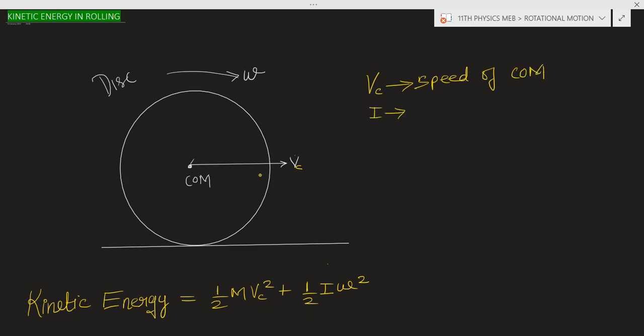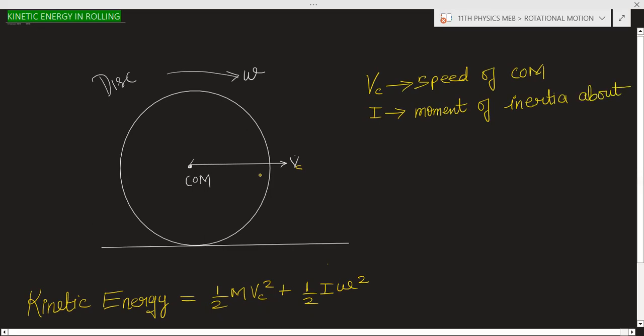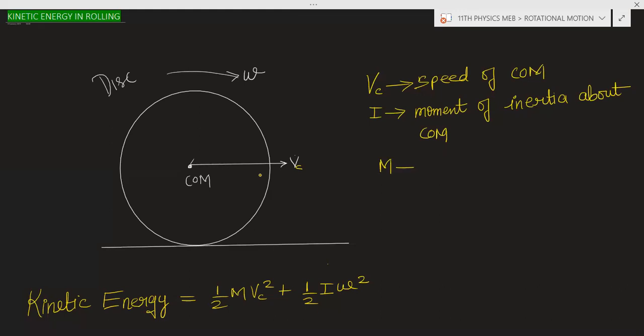I is the moment of inertia about center of mass. M is the total mass of the body. Omega is the angular speed.